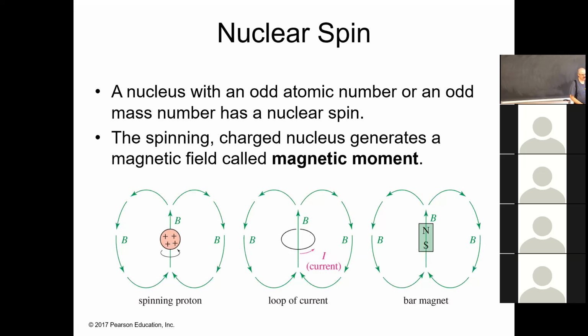You can't use carbon-12 to do NMR because it does not have a net nuclear spin. The spinning charged nucleus generates a magnetic field called a magnetic moment. So this actually behaves like a little bar magnet when it spins.